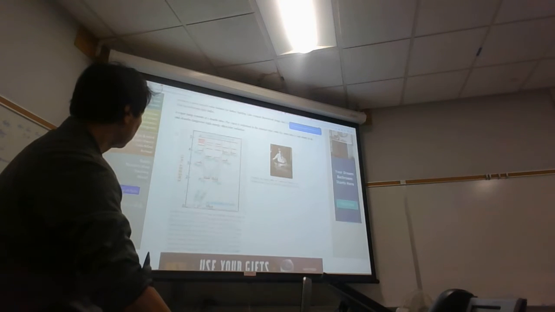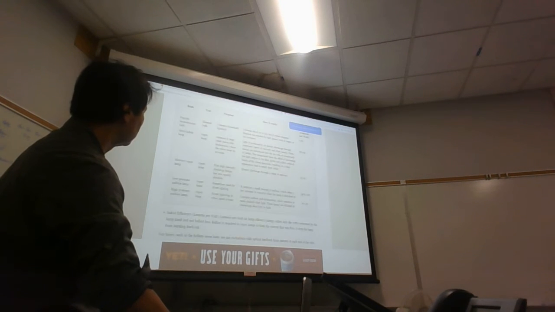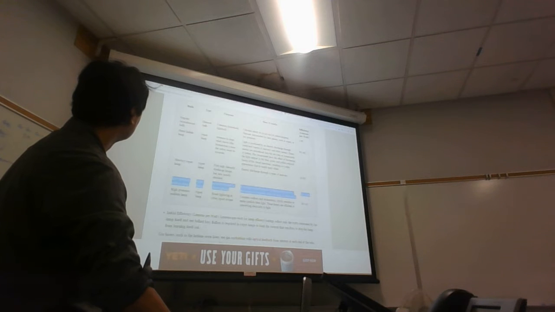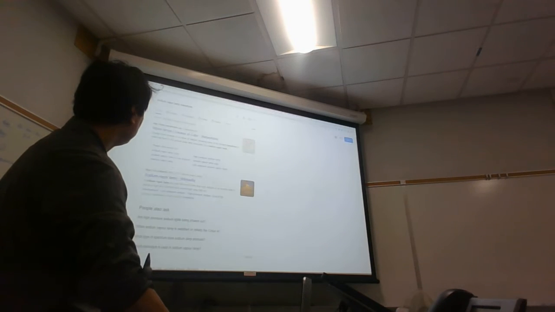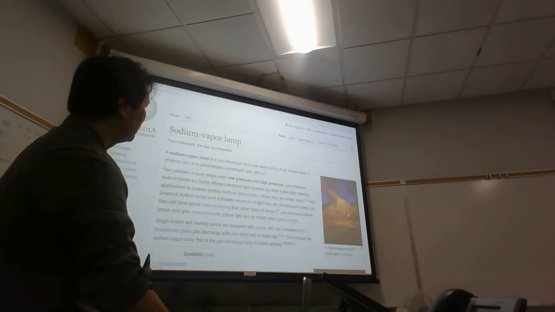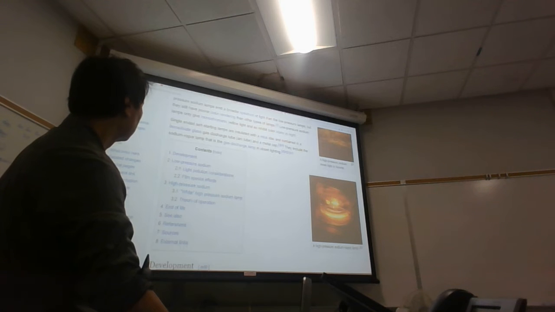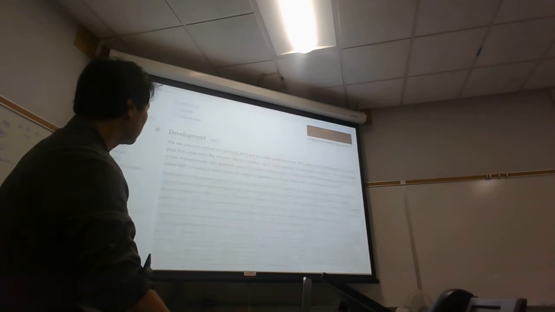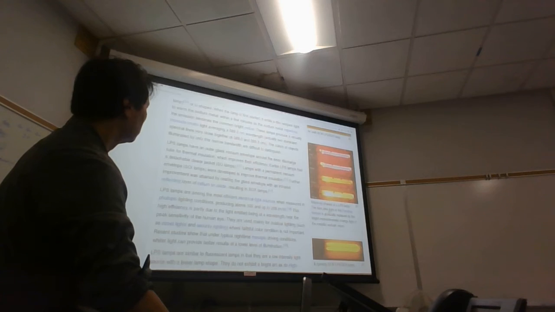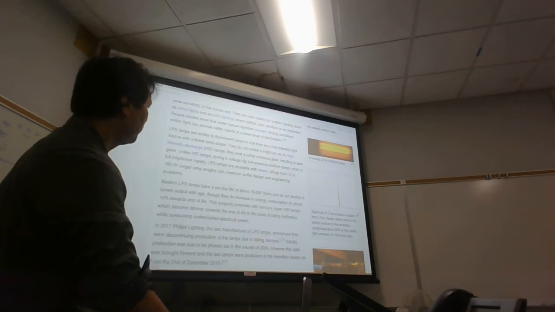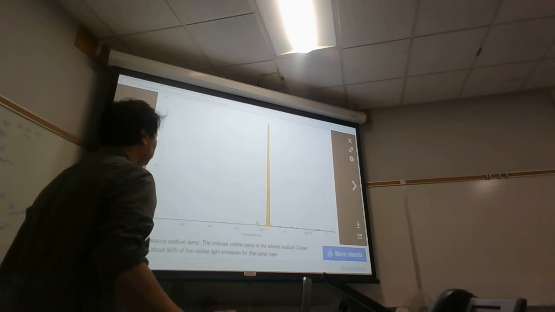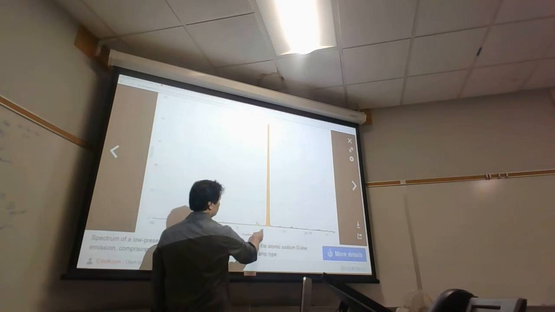Here are the transitions. Here's the efficiency. This is very efficient. 200. But the light, you get this orange cast on there. Looks like this. And that's because it has the specific transitions in here. Actually, this is 2 lines here.